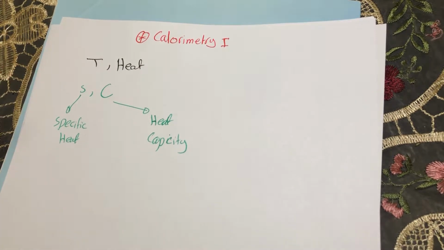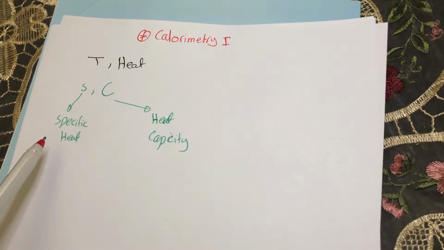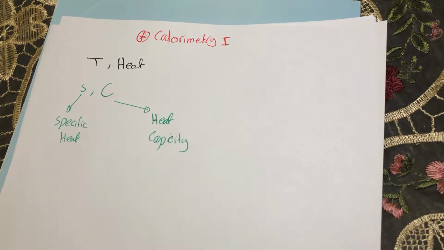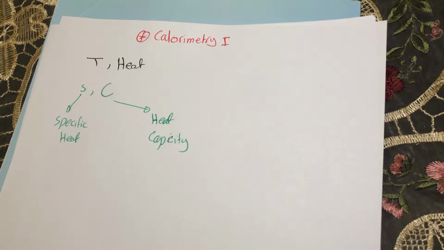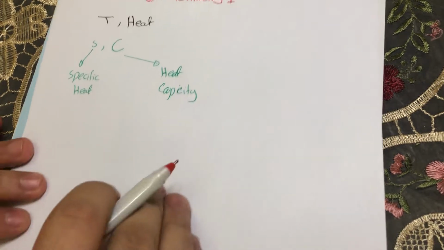Specific heat is the amount of heat required to raise the temperature of 1 gram of the substance by 1 degree Celsius. But the heat capacity is the amount of heat required to raise the temperature of a given quantity of the substance by 1 degree Celsius.